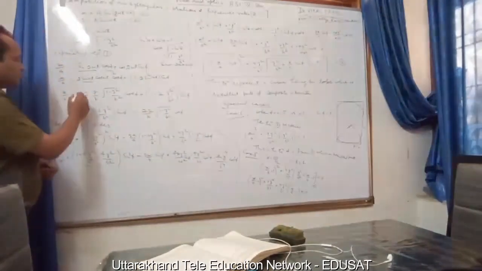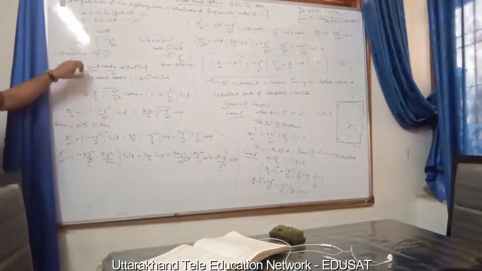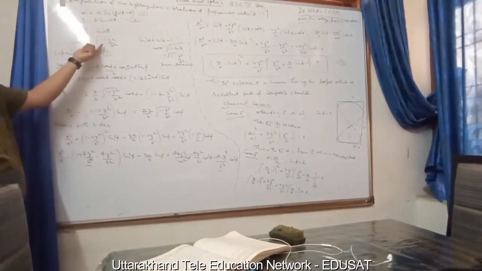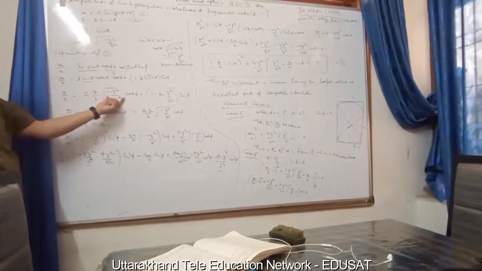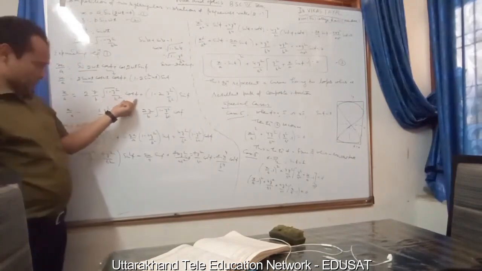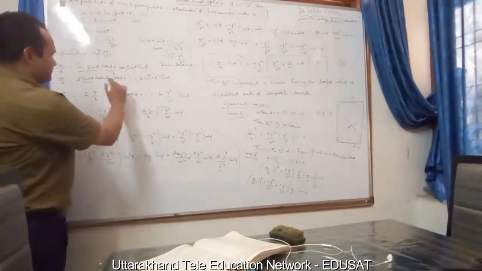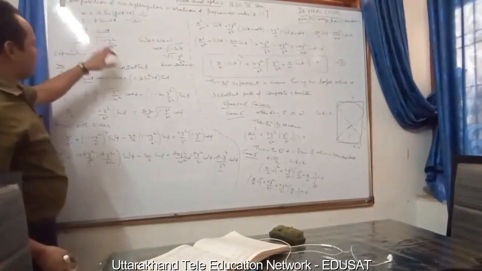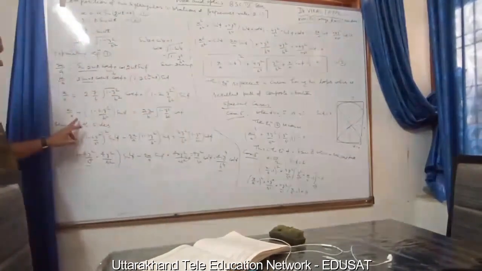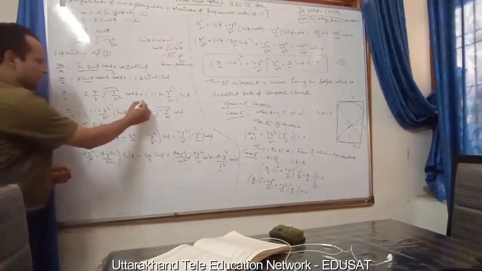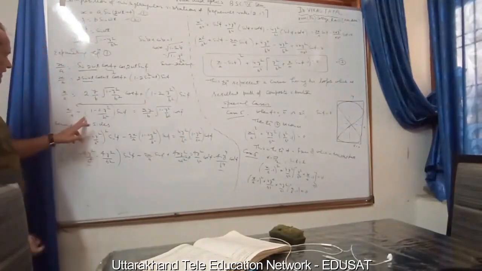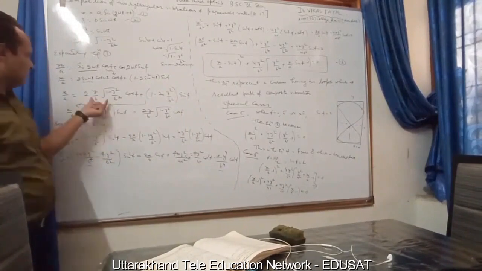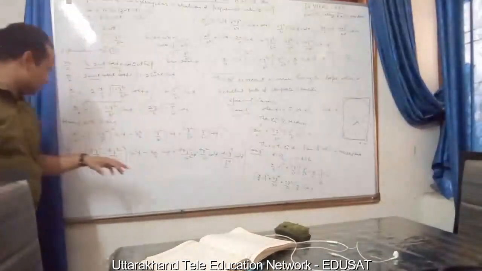X upon a is 2, substituting the values of sine omega t, that means y upon b, and cos omega t, substitute this value under root of 1 minus y square upon b square, cos phi is as it is, plus 1 minus 2 y square upon b square sine phi. X upon a, this value will become in the left hand side and it will become 1 minus 2y square upon b square sine phi is equal to, this value as it is.